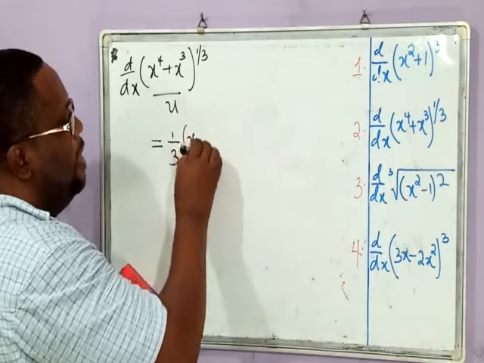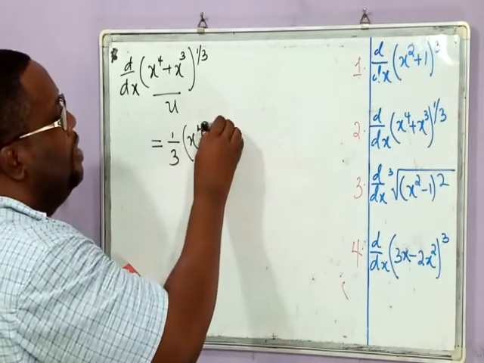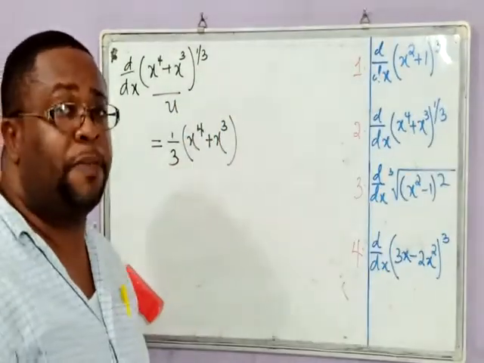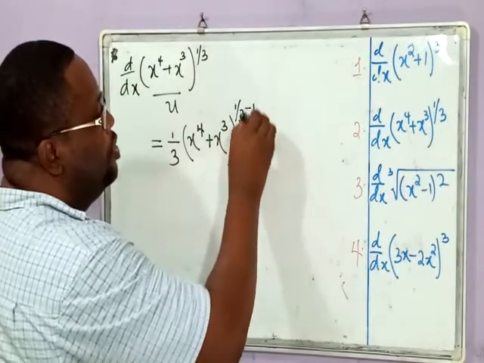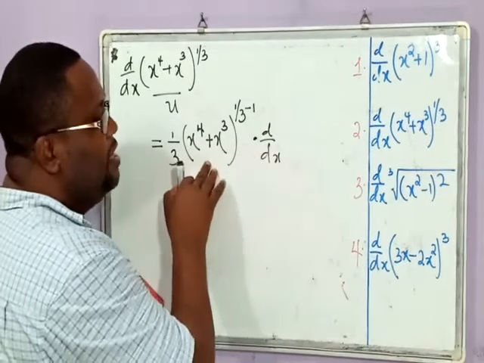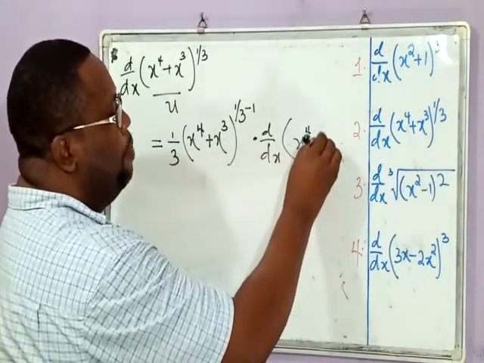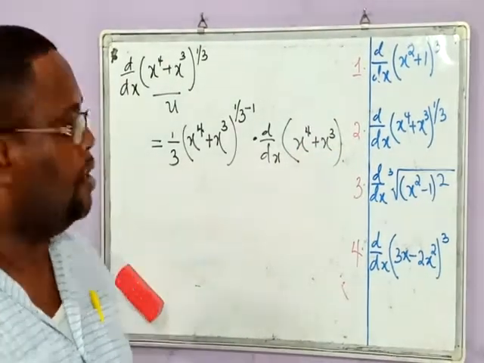I'll have x to the power 4 plus x cubed, all raised to the power, and I'm going to reduce this power by 1. So let me just write here 1 over 3 minus 1. Then the whole of this is multiplied by d by dx of the inside, x to the power 4 plus x cubed.